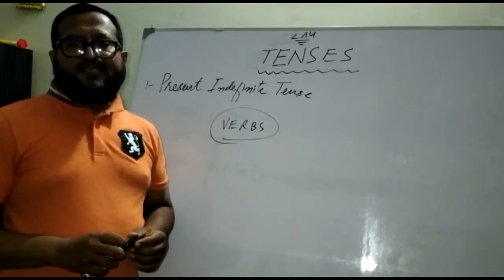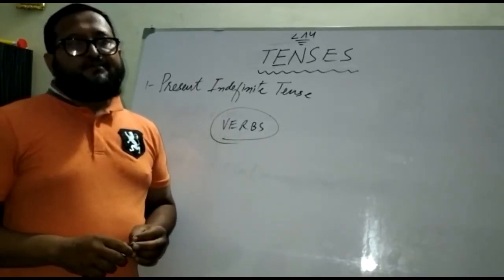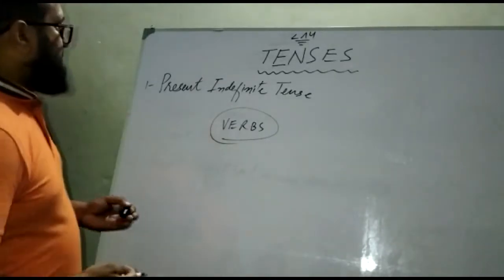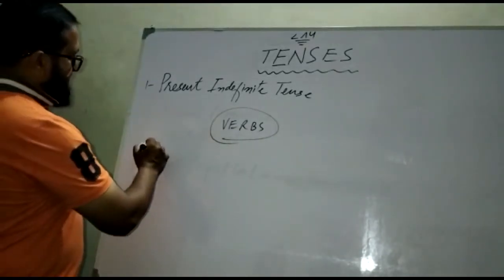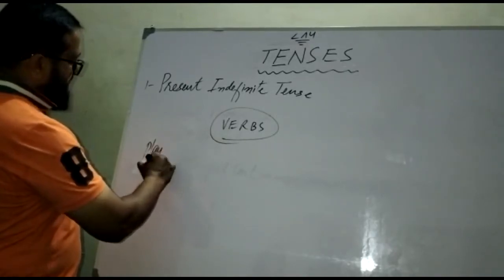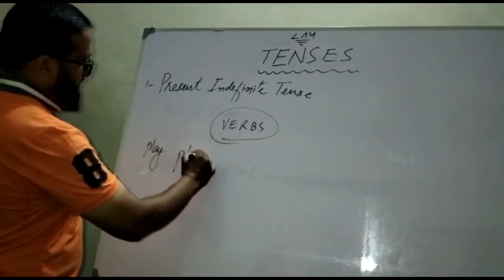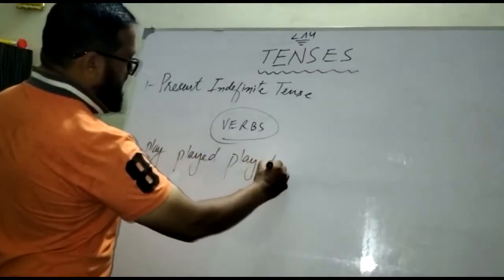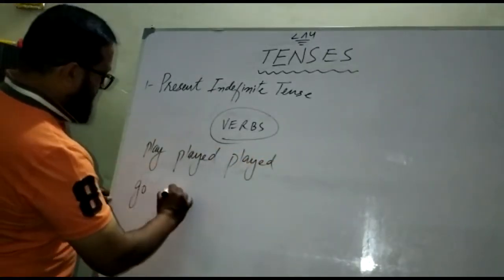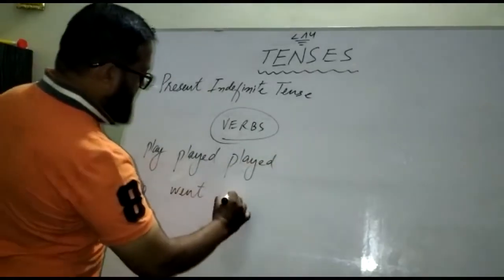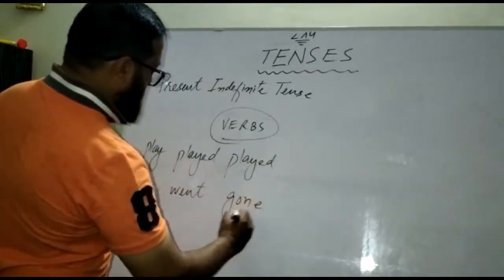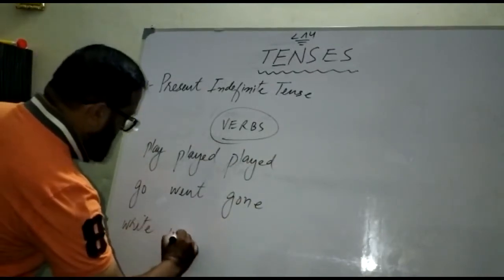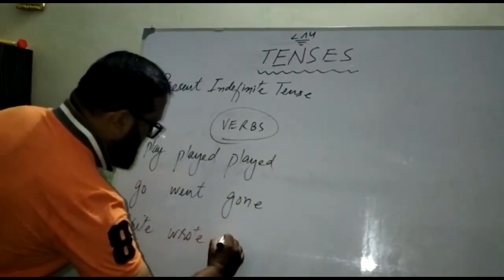If you know about these things, what is the first form of verb, just like play, played, and played. Go, went, and gone. Write, wrote, written.